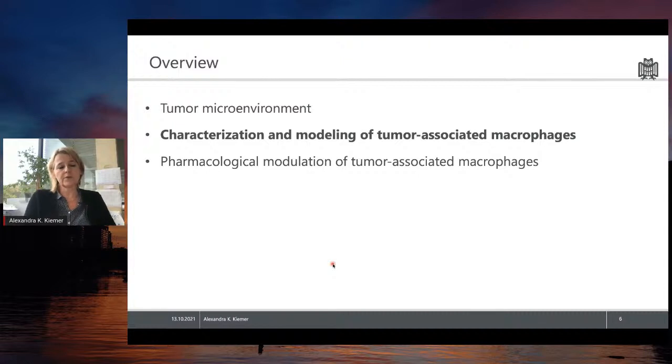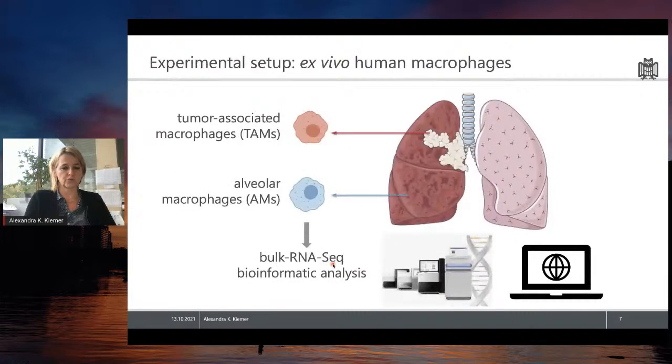And so this is why we undertook efforts to really characterize human tumor-associated macrophages from tumor tissue. We focused on lung cancer, and we isolated these tumor-associated macrophages from cancer tissue, in comparison with the resident macrophages of the lung, the alveolar macrophages, and we did bulk RNA sequencing with a consecutive bioinformatic analysis.